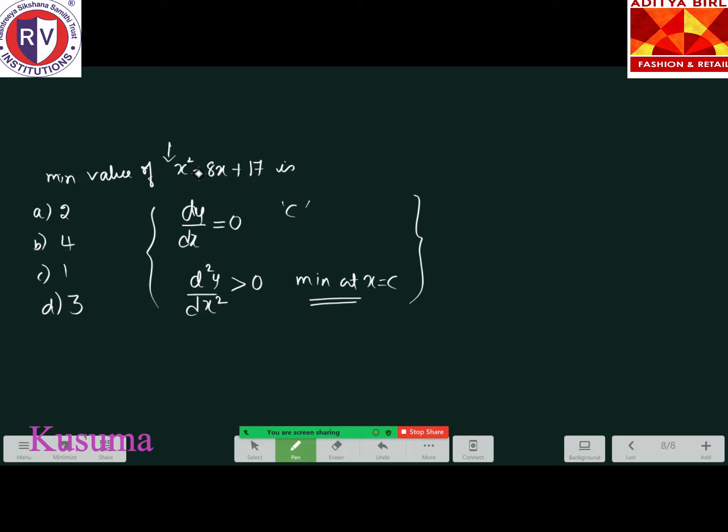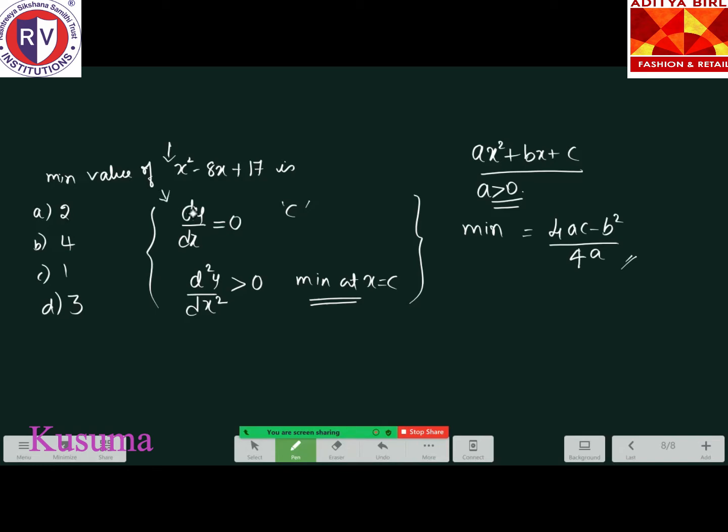See, whenever a quadratic equation like this is given, ax square plus bx plus c, and if a is greater than 0, then the minimum will be given by 4ac minus b square divided by 4a. Okay, this is the shortcut formula. Make a note of it. Otherwise, you can follow this procedure.